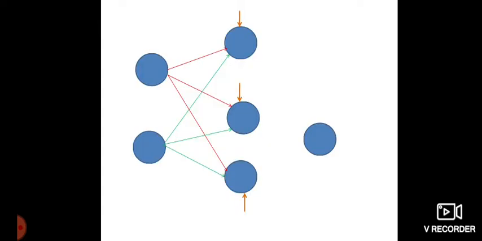The neural network I'm considering to understand this program has an input layer containing two input nodes. A single hidden layer consists of 3 hidden nodes, and there is one output node at the output layer, and we have a bias which is input to the hidden nodes.